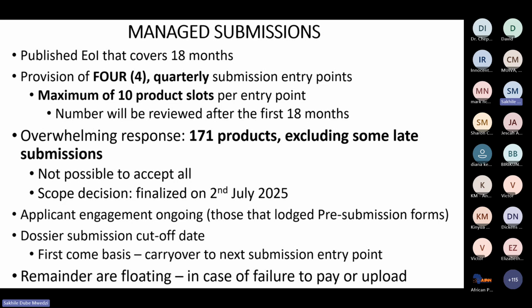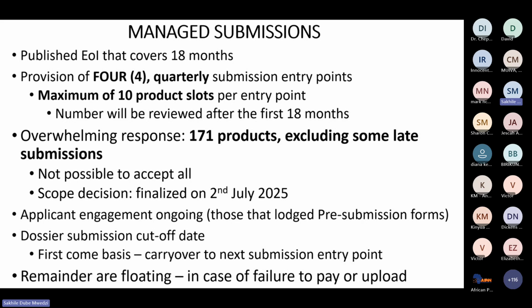And interestingly enough, the proof of concept actually did work out well for us, because in the first window, there were not so many people that wanted the first window. And this is because they wanted time to actually put their applications and the quality of their dossiers in order. So the least difficult to deal with was that first submission window. With the others, we have quite a lot that have come through.